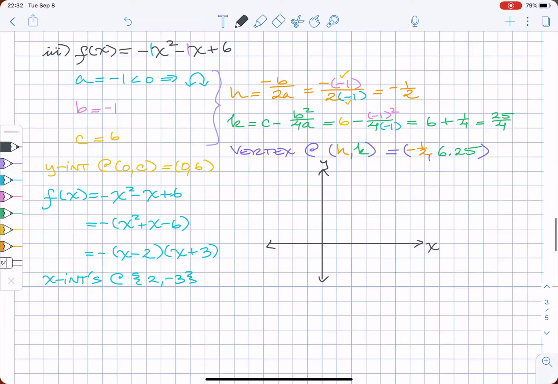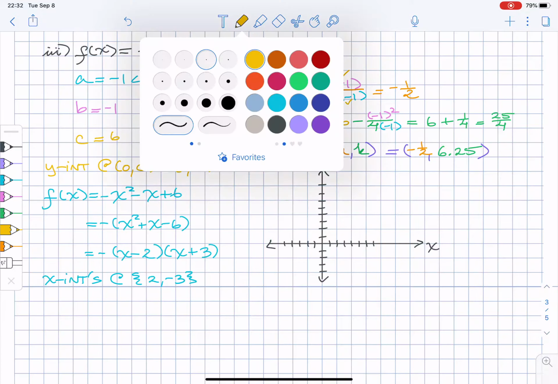Okay. 1, 2, 3, 4, 5, 6, 7, 8. 1, 2, 3, 4, 5, 6, 7. 1, 2, 3, 4, 5. 1, 2, 3, 4. Okay, so first things first, let's do the vertex first, shall we?